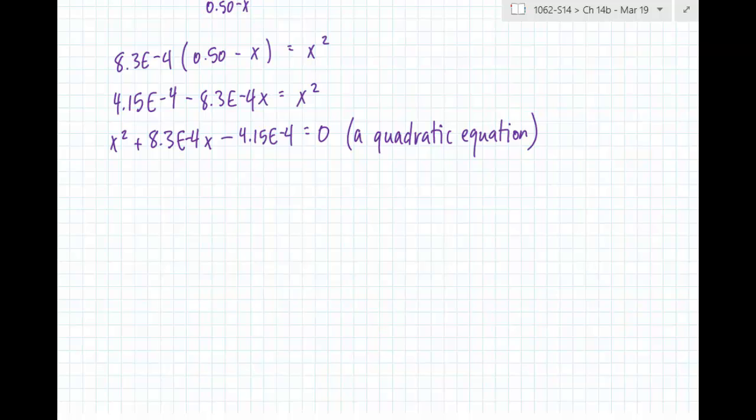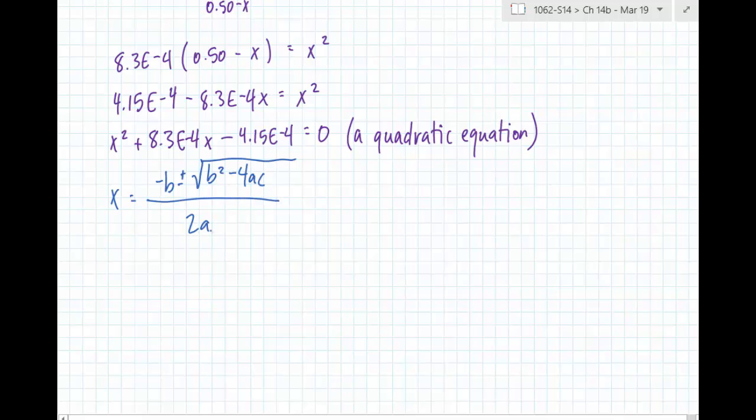Well, the solution of the quadratic equation, x equals what? That's right. Absolutely. By the way, a lot of people call this the quadratic equation, but that's the solution to a quadratic equation. This is the quadratic equation.